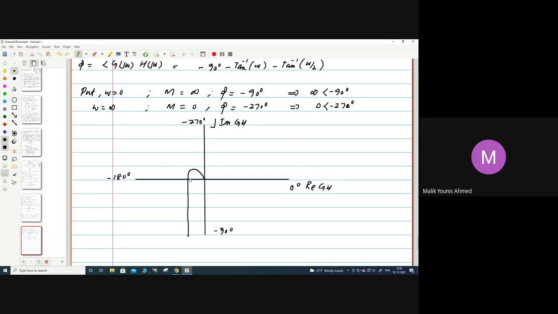Okay. So this is the starting point, our omega equal to 0. So this will be coming from here, and this is your omega equal to infinity.